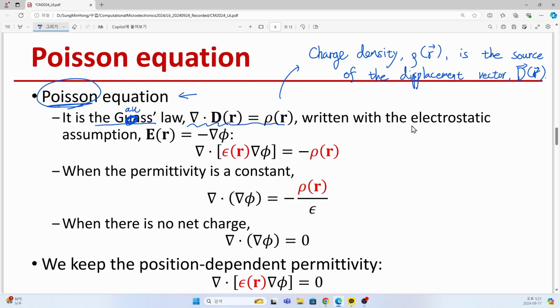However, under the electrostatic assumption, we can now write down the electric field in terms of electrostatic potential. So simply D is expressed by permittivity times electric field, and this E, the electric field, is represented as the gradient of the electrostatic potential.